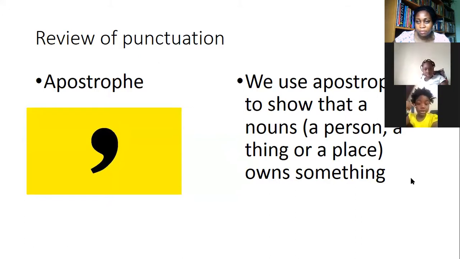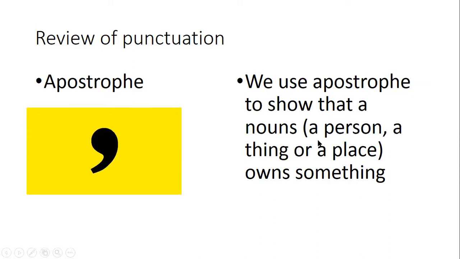Please unmute your microphone. Review of punctuation. We use the apostrophe to show that a noun, a person, a thing, or a place owns something.